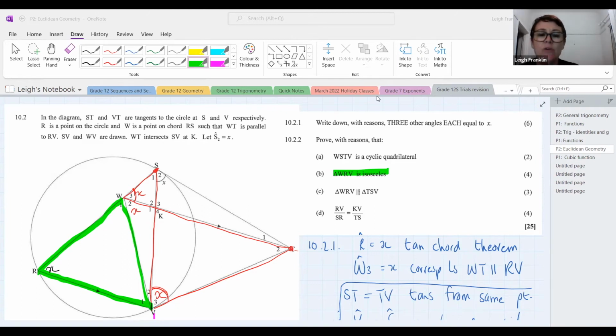In order to access questions B, C, and D, you would assume that the quad was cyclic, but you would lose out on those marks because you haven't been able to prove it. Yes, you are supposed to prove it before you use it. That's the whole idea. And once you've proved it, you don't have to prove it again.